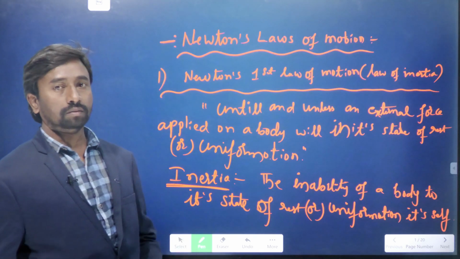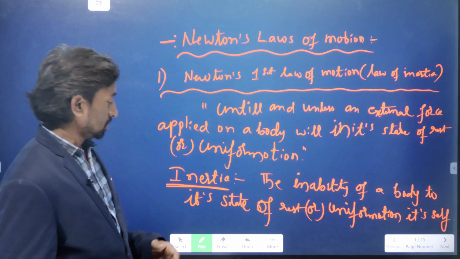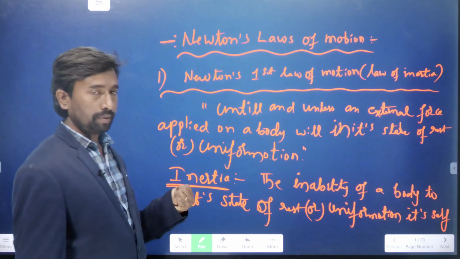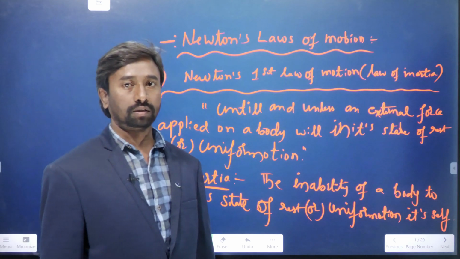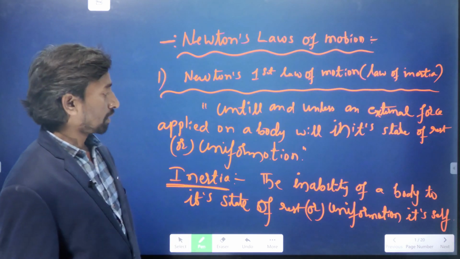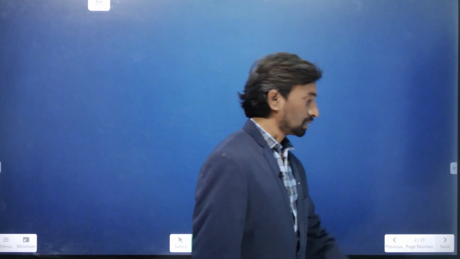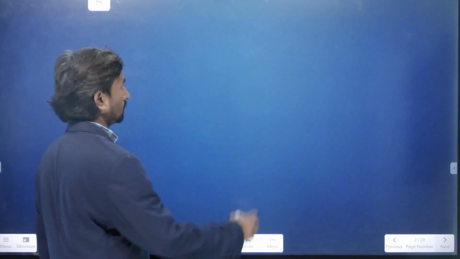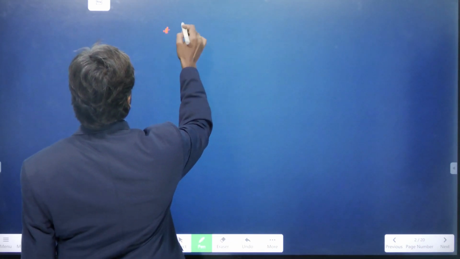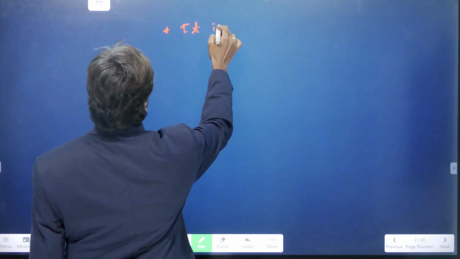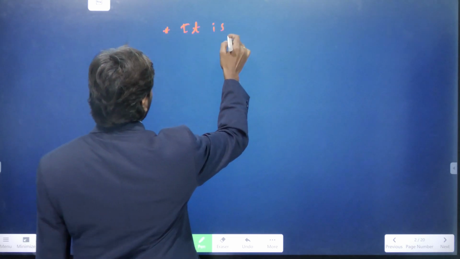There will be three types, and this inertia depends on the mass of the body there. So inertia can be measured by the mass of the body. If the mass of the body is more, inertia will be more there.